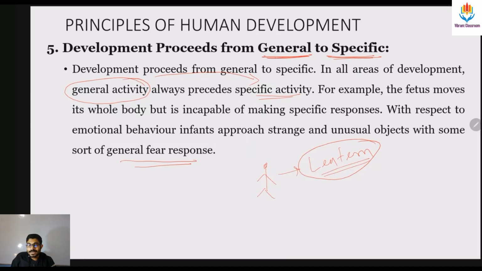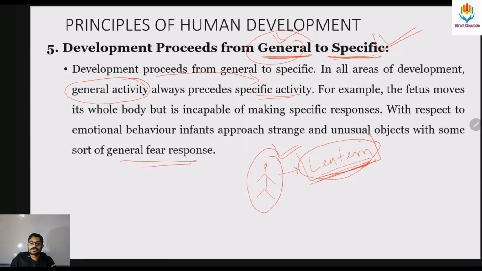After doing it one or two times in a general process, he gets a specific knowledge, or remembers a specific knowledge: if we touch a lantern, it feels warm. That concept should be concretized within the individual. So that is a specific concept. So development leads an individual from the general process to the specific process.